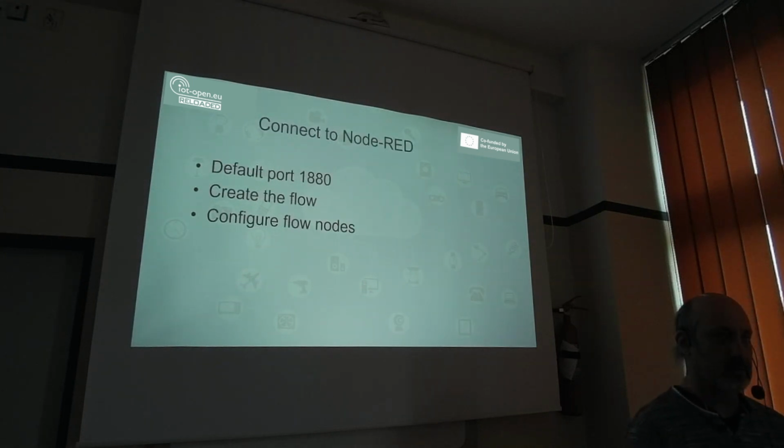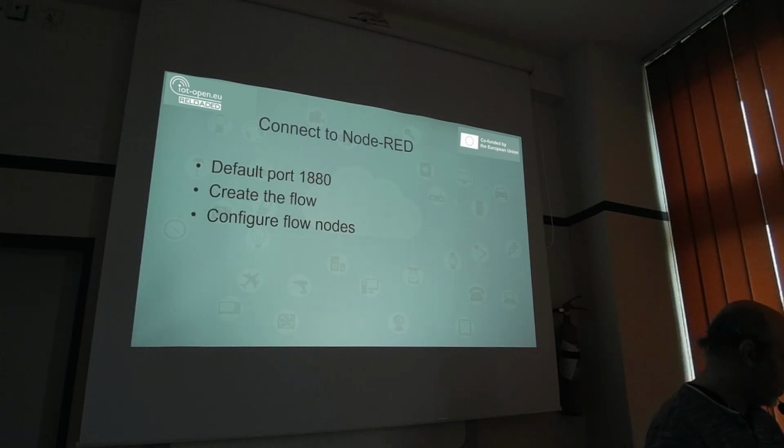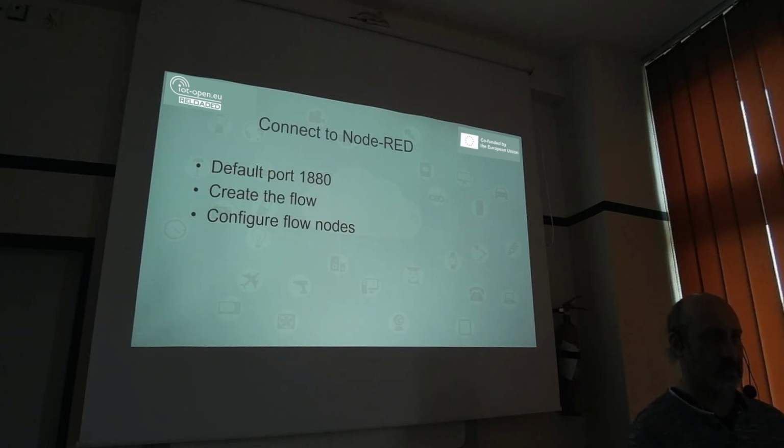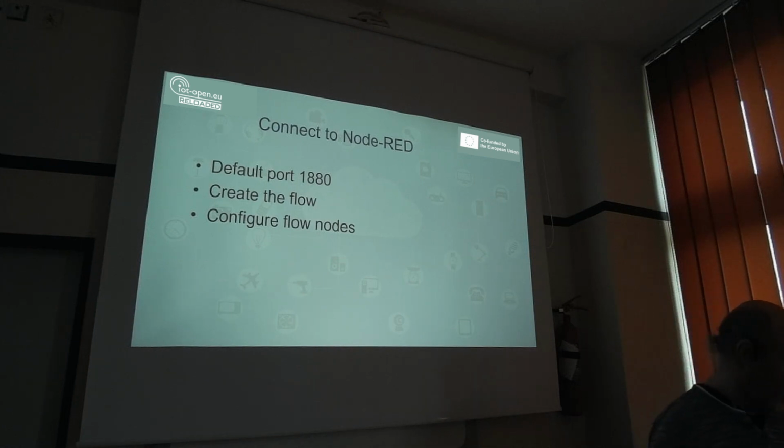How to connect to Node-RED? Normally you can open the editor on port number 1880. So if you install it on some computer, you can use the IP address of your local computer, with port 1880. You can create the flow and deploy it and configure nodes.